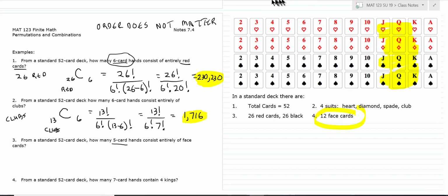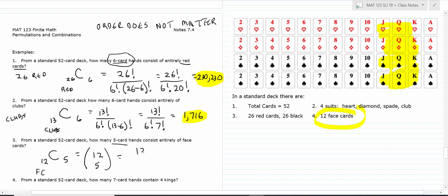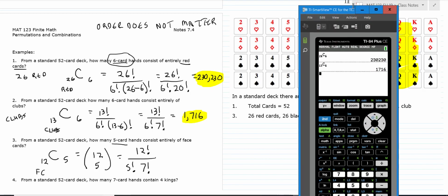So what this is going to be is a combination, choosing from the 12 face cards, 5 cards. Now, you'll see me write this a lot this way. You can also just write a combination that way. Can't do a permutation that way, but the shorthand notation you can write in parentheses. So this goes like this. It would be 12 factorial over 5 factorial. 12 minus 5 would be 7 factorial. And that's good enough. You just write that, then we go straight to the calculator.